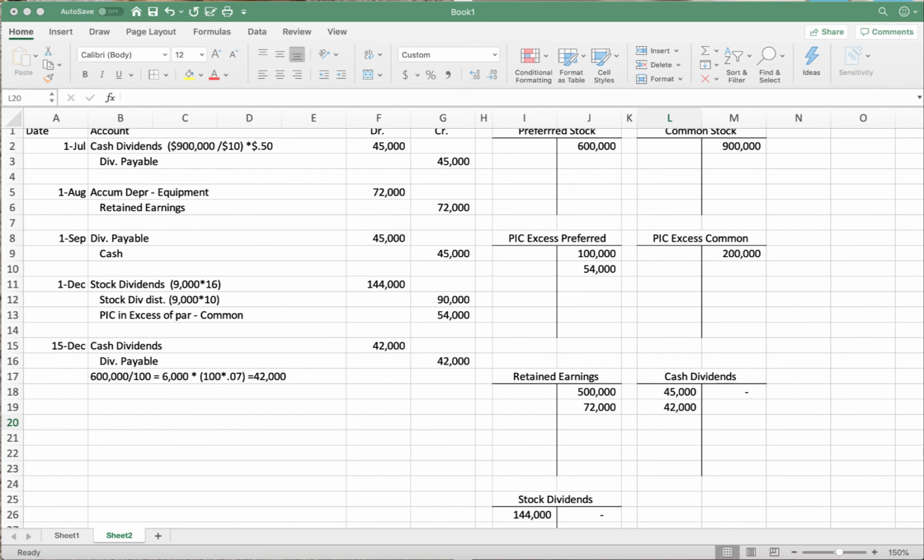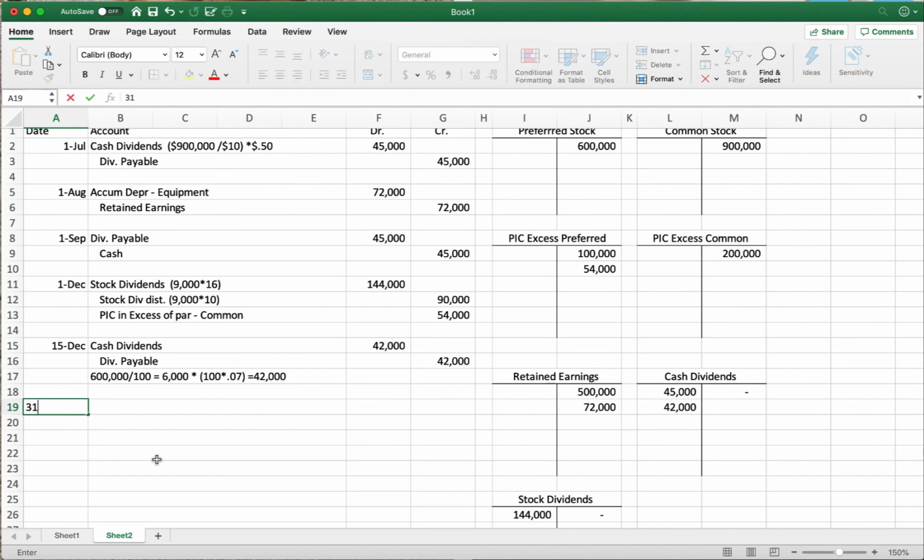So behind the scenes, we already closed revenues and expenses to that income summary account, right? We learned that in Accounting 1. Now what we're doing is we're closing that income summary account. So that's the first closing entry we need to do.